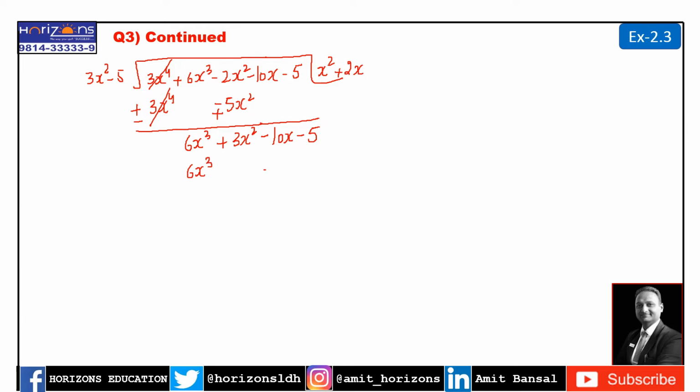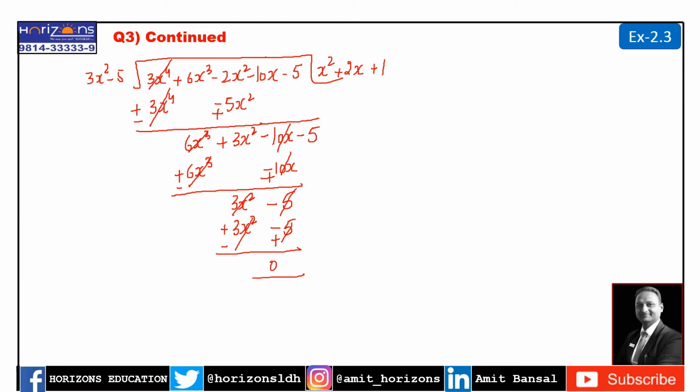Minus 5 into 2x is minus 10x. Subtracting 3x square minus 5. So 3x square into 1 is 3x square. And plus 1 into minus 5 is minus 5. Right, friends? So we obtained the remainder as 0, and it was very obvious because 3x square minus 5 is a factor of the polynomial.